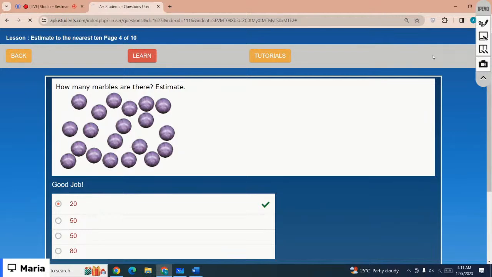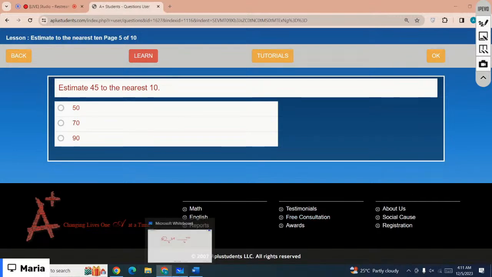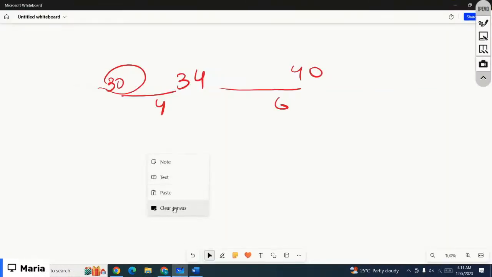Okay, the next one is: estimate 45 to the nearest 10. How do we estimate numbers that are exactly midway between two tens? 45 is exactly between 40 and 50, right?